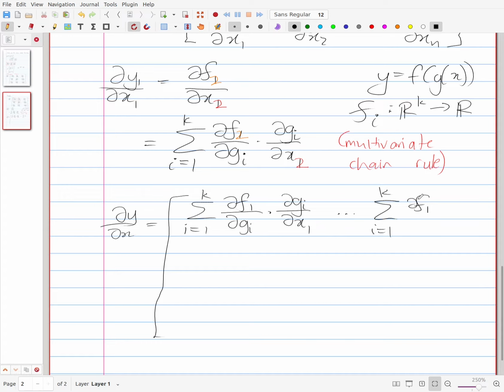So we're still looking at the first component function of f, but now with respect to the last component of x, so xn.